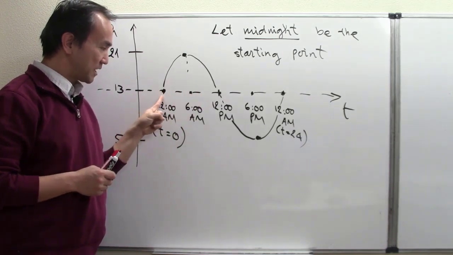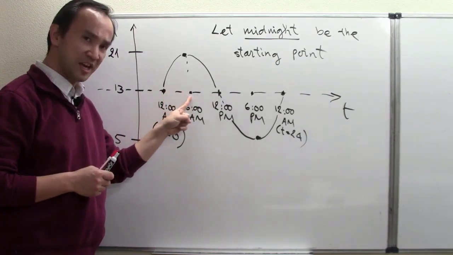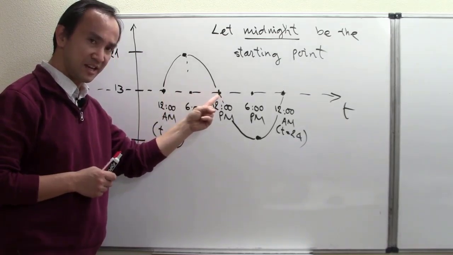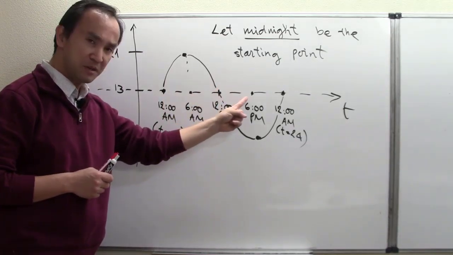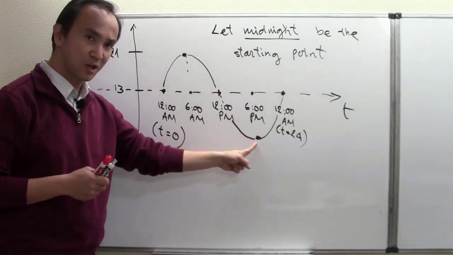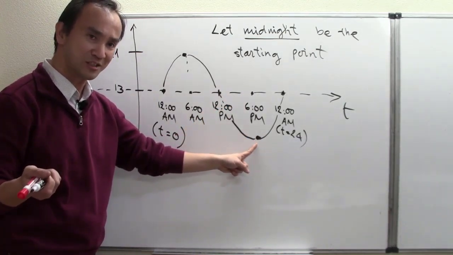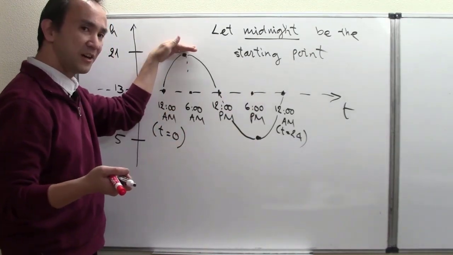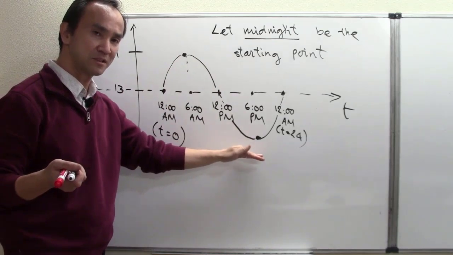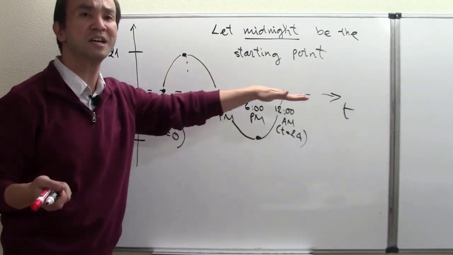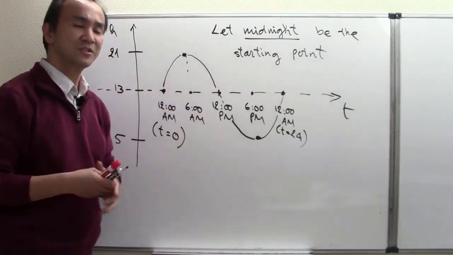From the first midnight that we chose to the first 6 a.m., that's 6 hours away, that's 1/4 of the way. So 12 p.m. is exactly halfway. The next 6 p.m. right here, another 6 hours away, that's the third quarter, and according to the data that I plotted, it appears to be hitting a low. It hits a high at the first quarter, it hits a low at the third quarter, it crosses through at the center line. And so I'm treating mid-tide right here as the center line.